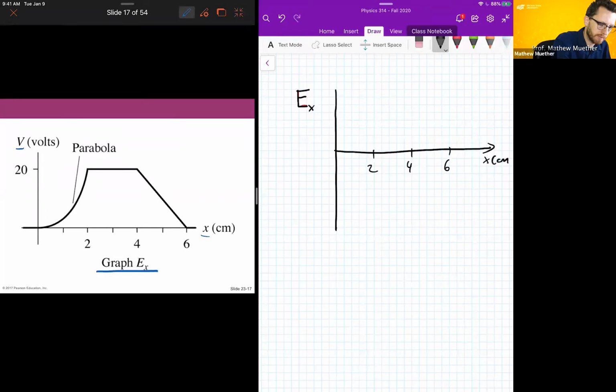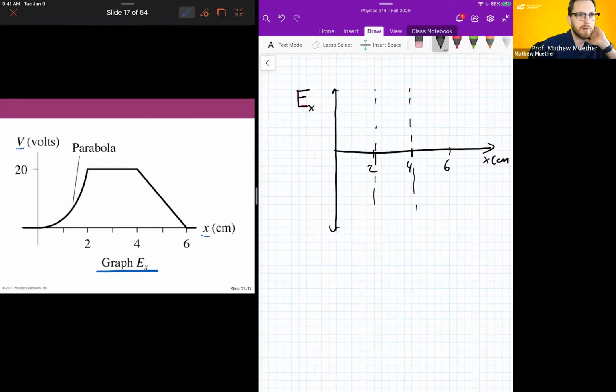Something like this. So let's go bit by bit here. Let's start with some regions that might be easier. Let's start with this region between 2 and 4. What's the electric field in this region between 2 and 4?